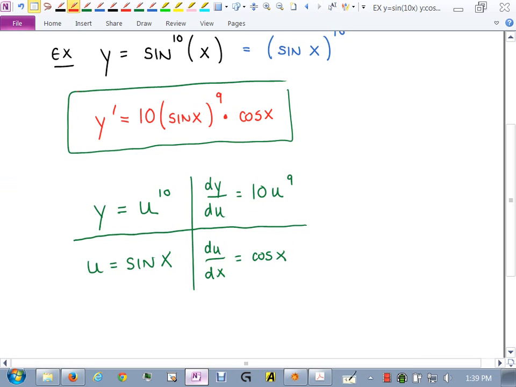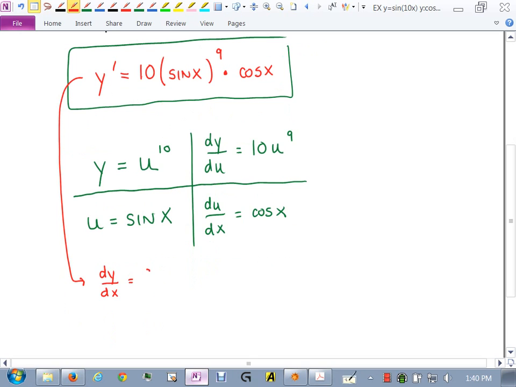So y prime up here really means dy dx, which is just dy du times du dx. You're basically taking these two things and multiplying them together. So this gives you 10u to the 9th times cosine x.